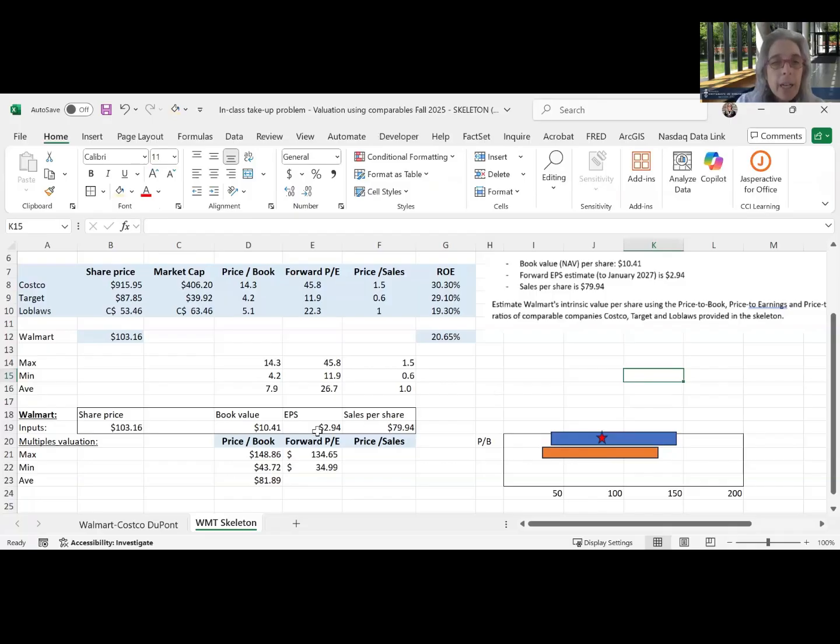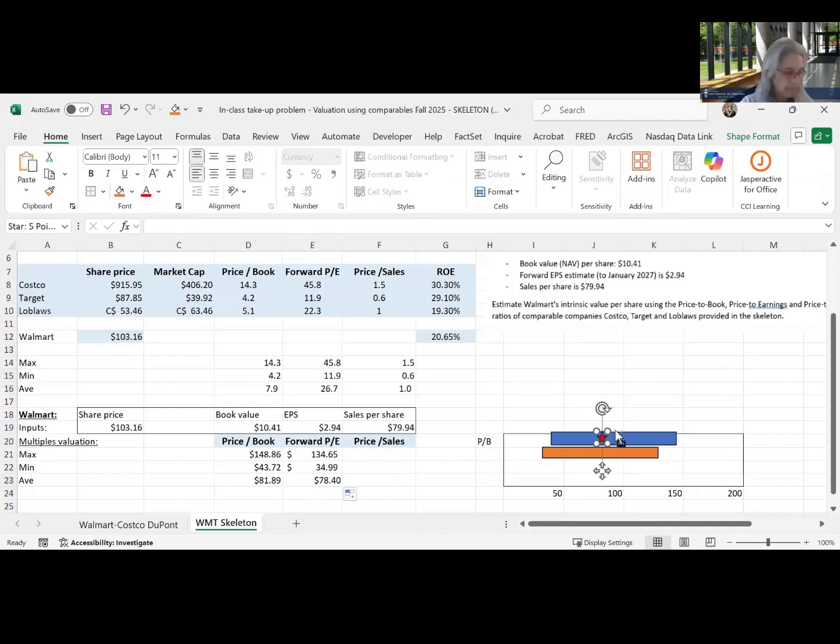And my average here is 78. Okay, so let's put the star in for that. So it's just less than what we had before.